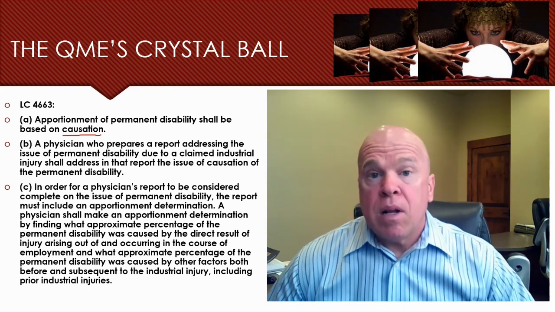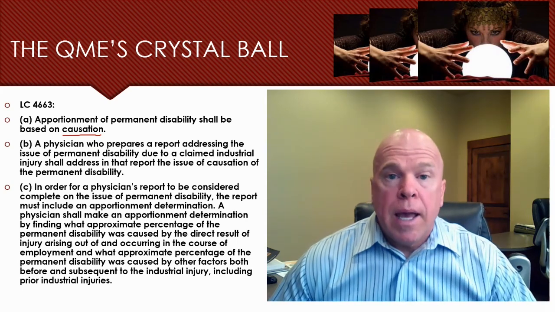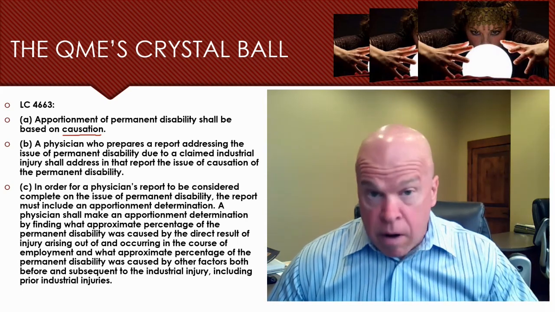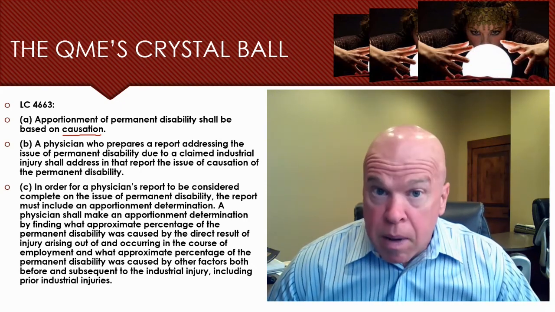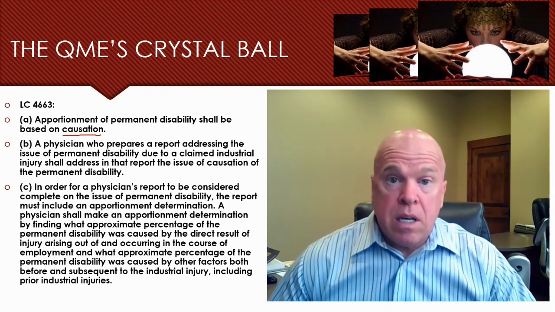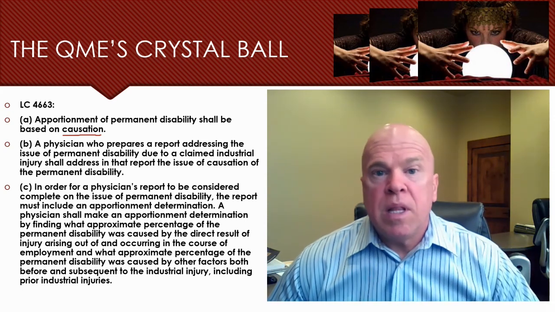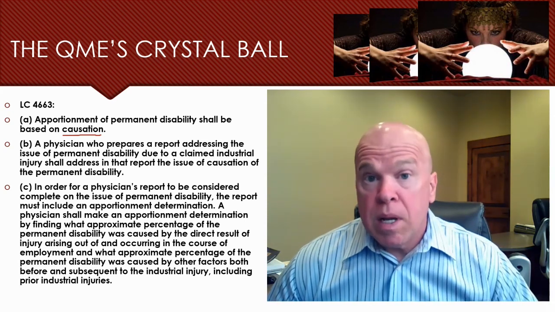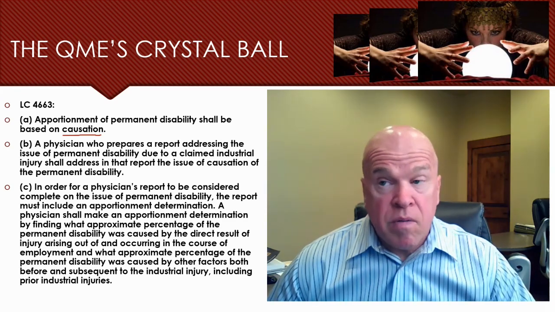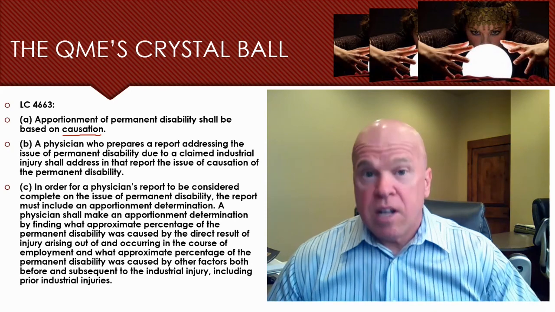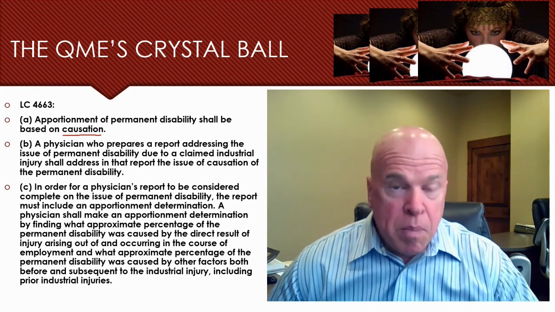And the qualified medical evaluator is required to opine and inform the parties as to the various causes of the permanent impairment on the date of the qualified medical evaluation. So when we determine that the examinee has permanent impairment, it's required that we assess the various causes, including the industrial injury, of that permanent impairment.